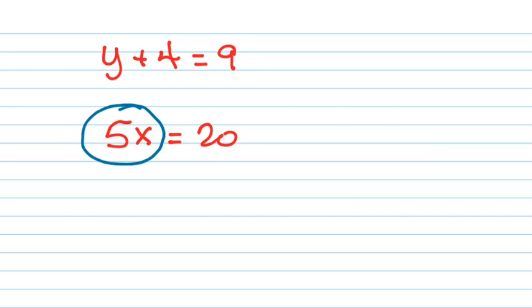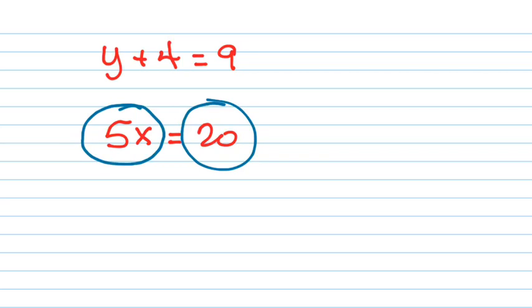So if I only have one variable term, is it moving? No. How many number terms do I have? One. What is it? 20. Now, 5 is not a number term. 5 is the coefficient of the variable term. You see the difference?